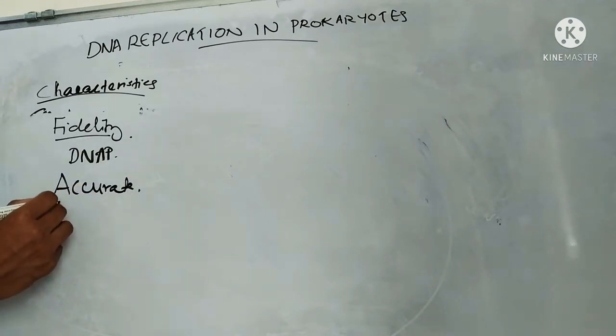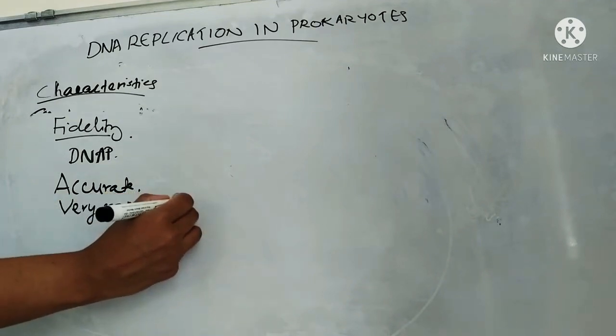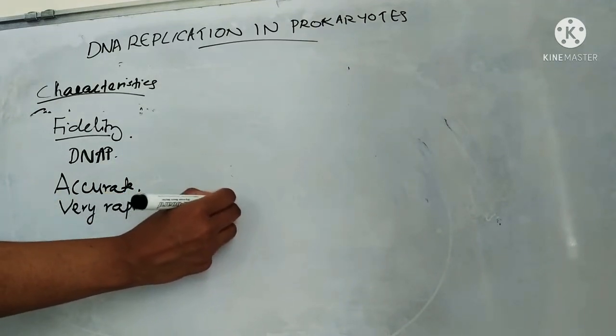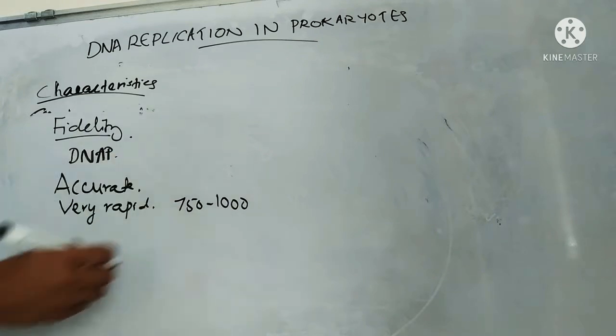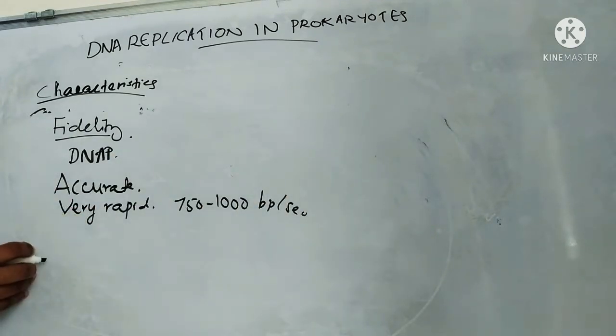Then replication is very rapid, about 750 to 1000 base pairs per second.